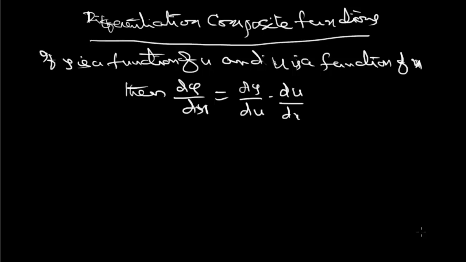Now if y is a function of u, and u is a function of x, if there is a small change in x, delta x, that means there will be a change in u. Because there is a change in u, there is a change in y, because y depends upon u. Let delta x be a small change in x. Because u is a function of x, there is a change in u.